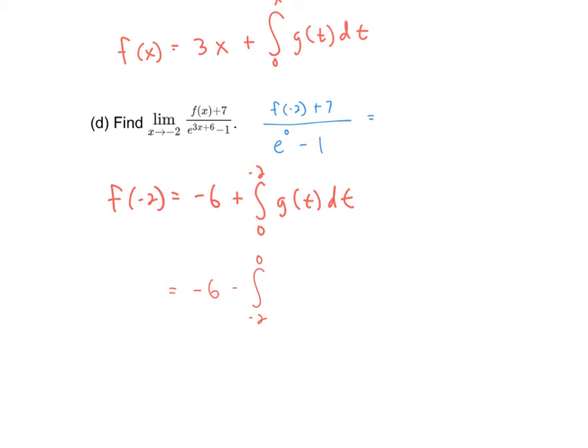But the only way to interpret integrals as area is if the bottom limit is smaller than the top limit. And so we have to switch these limits. But then remember, when you switch the limits of an integral, you have to change the sign, or negate that value. So we'll do that.